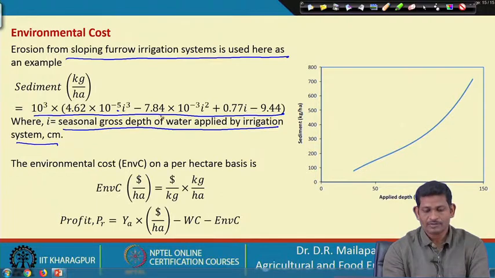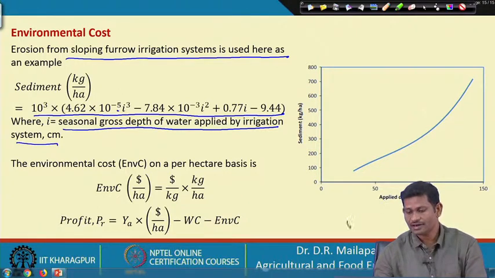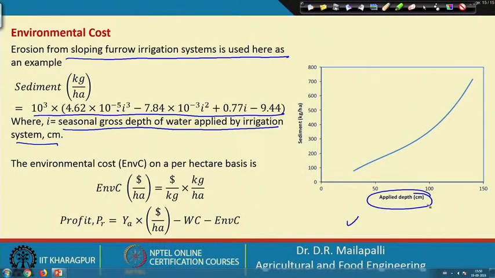Here is a graph, with applied depth on the x axis and sediment on the y axis. Definitely, increasing the water depth yields more sediment and runoff from the field.